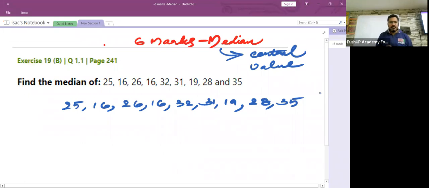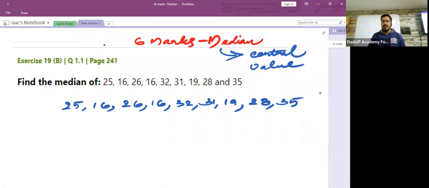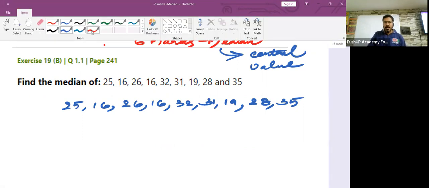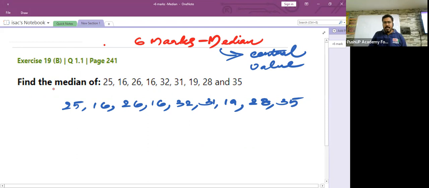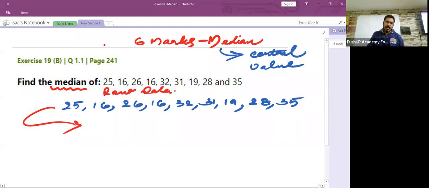These are the different observations or raw data given to us. Children, remember, point number 1. Whenever they ask you to find the median of raw data, the first thing that you must do is convert this raw data into arrayed data.